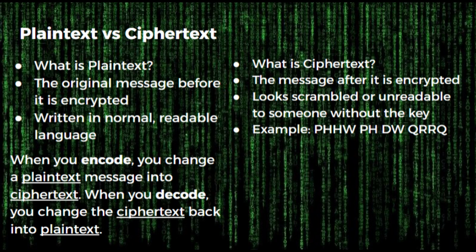For example, the ciphertext PHHW, PHDW, QRRQ might look confusing, but once you decode it, it could reveal an actual message. So when you encode a message, you turn plain text into ciphertext. And when you decode that message, you're going to be turning ciphertext back into plain text.